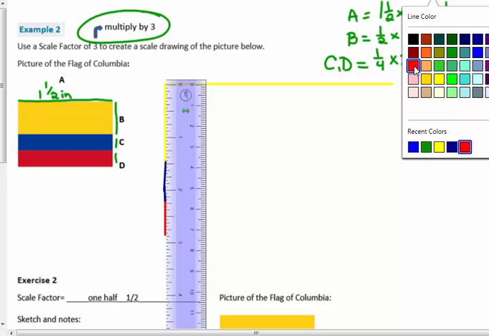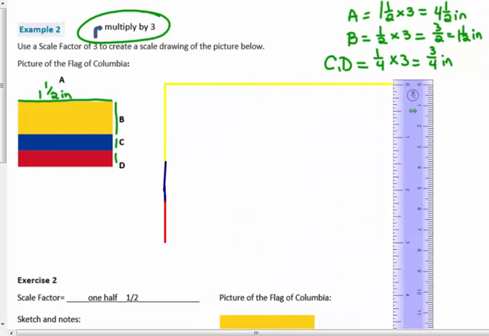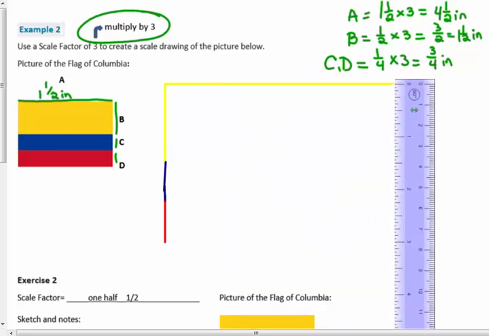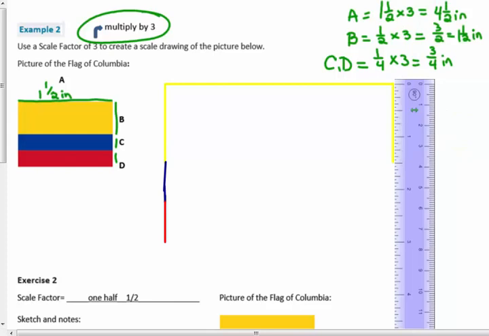So up to the 3 there. Now I've got the color. You don't have to do it in color. I'm just trying to be fancy here. And I'm going to take my ruler and measure those same things over here. So 1.5 inches for the B. And then 3/4 inch for the C. That's the way that looks.